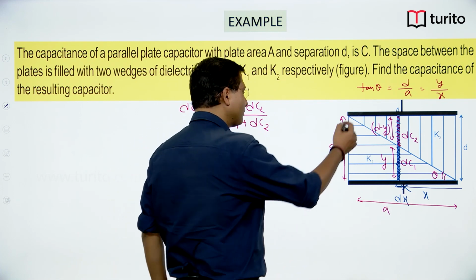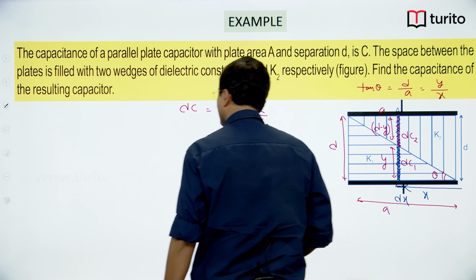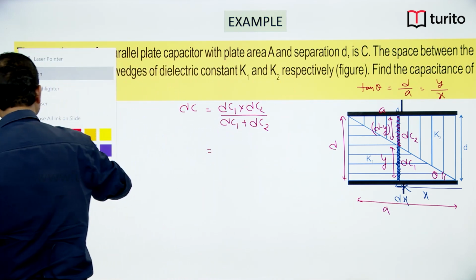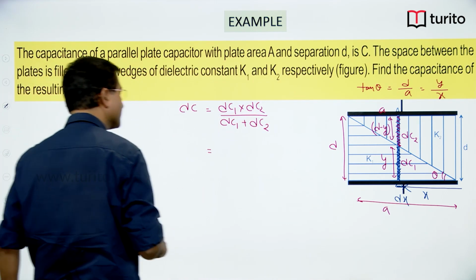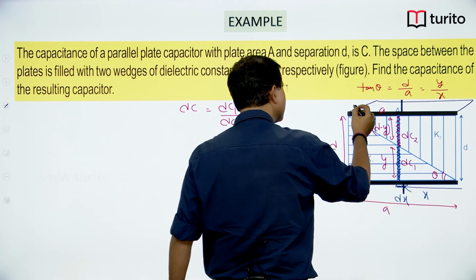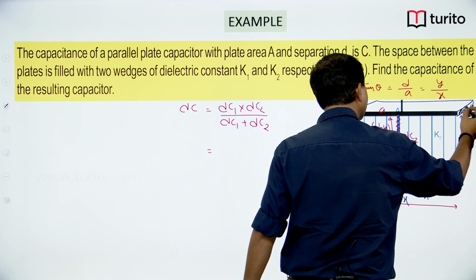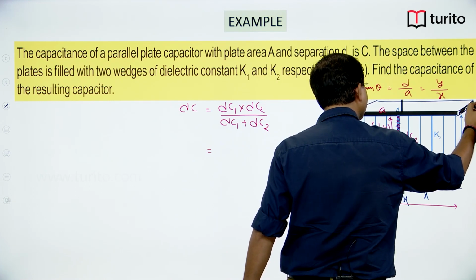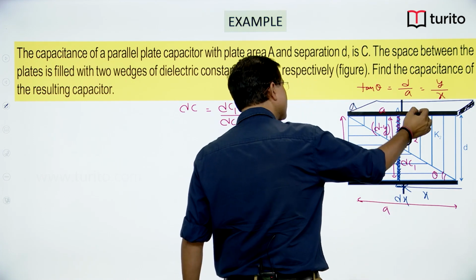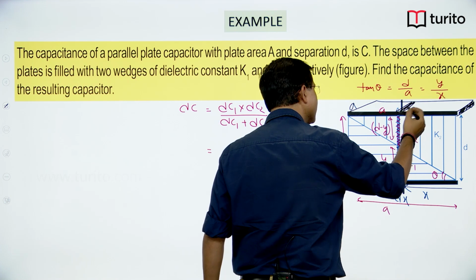If this is a square plate of a cross a, so this is a and this is also a. The strip I can see over the plate is this one.